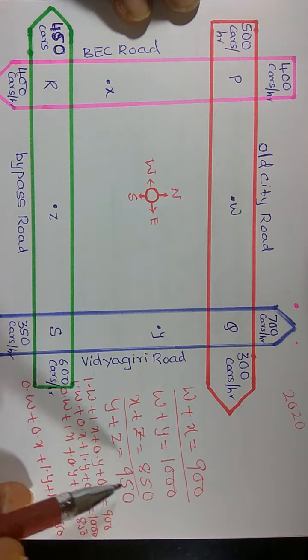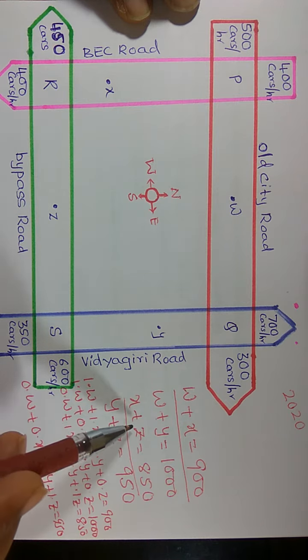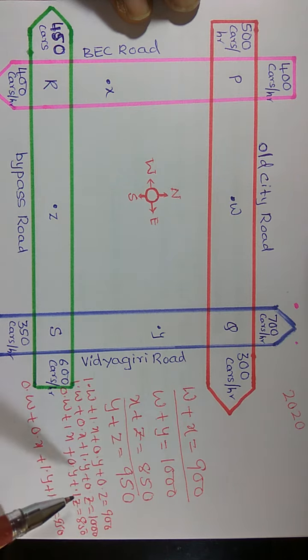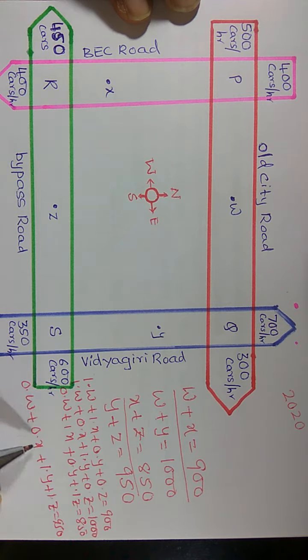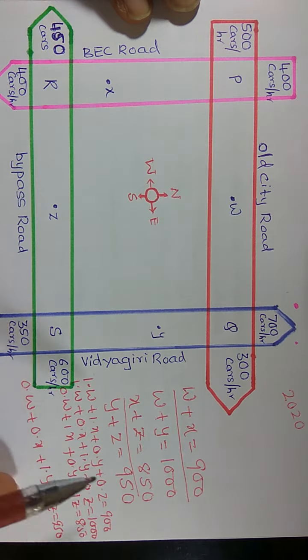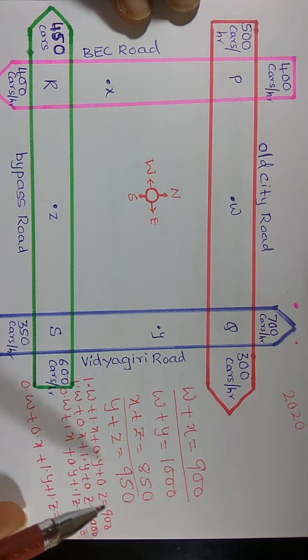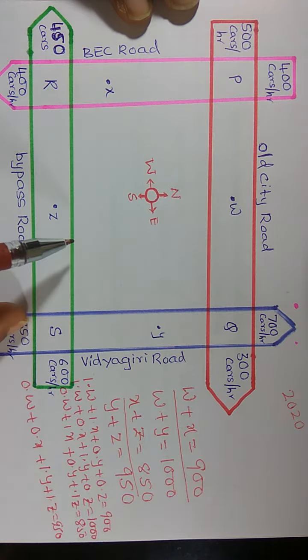The same equation can be written as 0 into W, 1 into X, 0 into Y, 1 into Z is equal to 850, and the last equation as 0 into W plus 0 into X, 1 into Y, 1 into Z is equal to 950, right? So now you forget the physical problem and it is a mathematical problem, or I can say it is a mathematical model for this diagram.